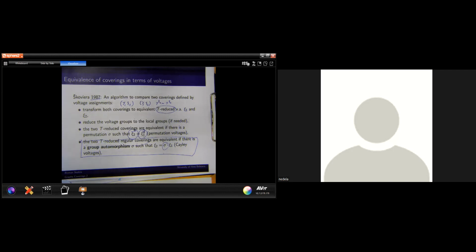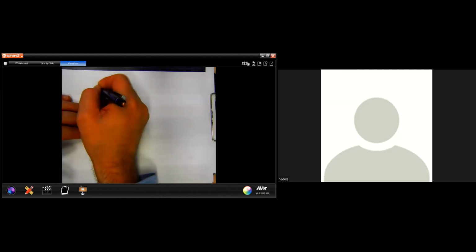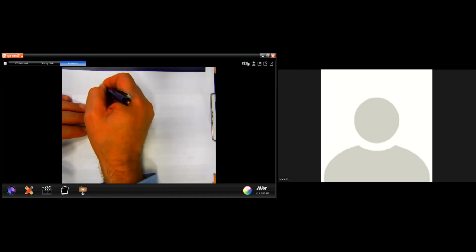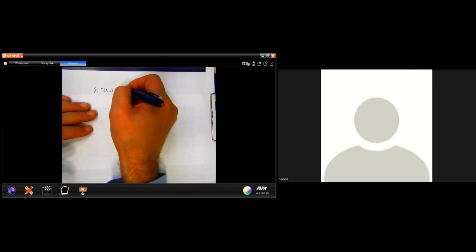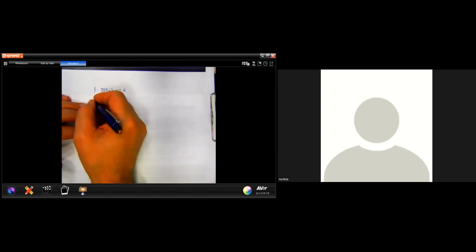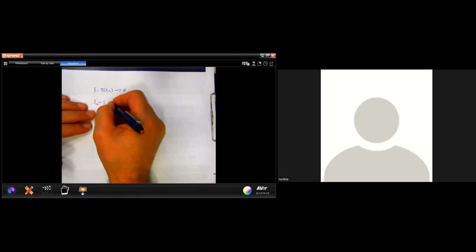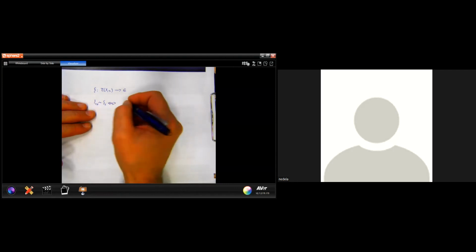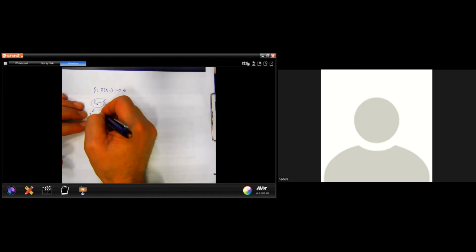A voltage assignment can be viewed as an epimorphism from the fundamental group onto G. And two are equivalent, what is the algebraic criterion, if and only if, okay, I may think that this one is reduced to T1 and this one is reduced to T2.